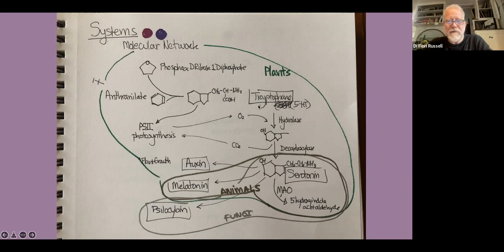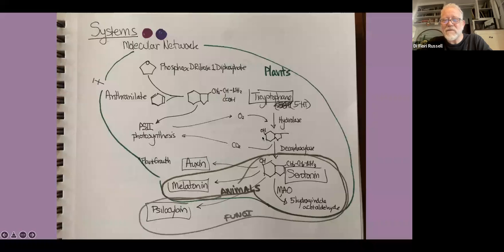So tryptophan by itself goes into photosynthesis by being part of photosystem 2, the main part of it. And then when you run the hydroxylase to start to convert tryptophan to serotonin, you have to add oxygen. That's where that little OH group comes from.